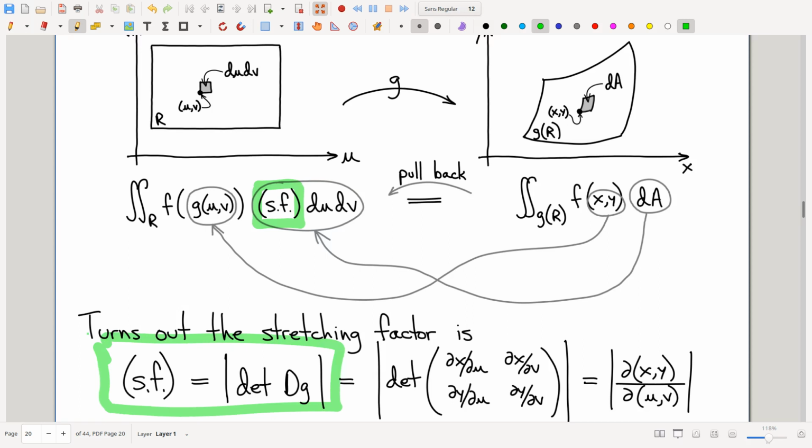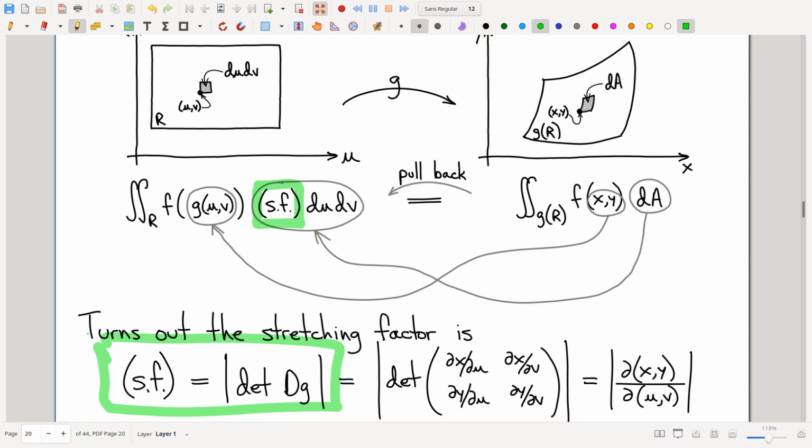And I know myself well enough to know I'm going to slip up occasionally and call this the Jacobian matrix. That's what they called it in the class that I took as a young college student. Jacobian determinant, common expression for this thing. But I'm going to try to stick with the book's convention. This is the absolute value of the determinant of the derivative matrix.